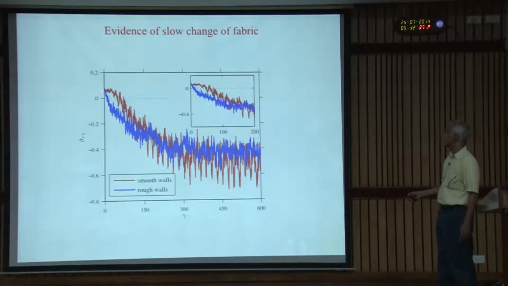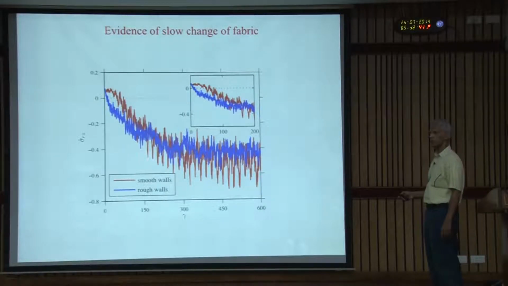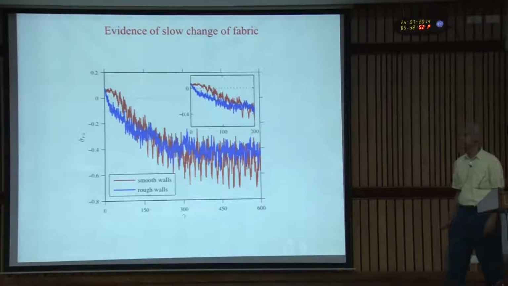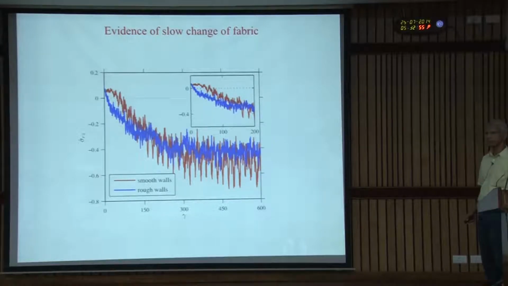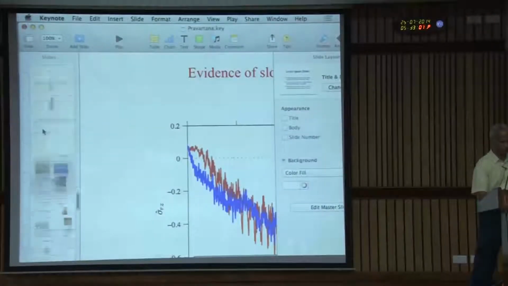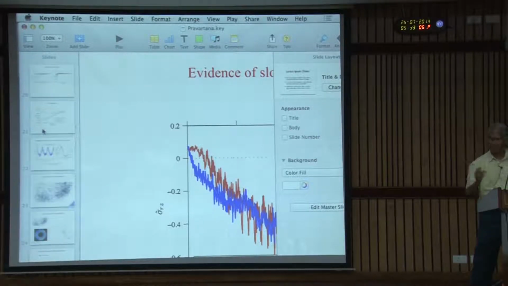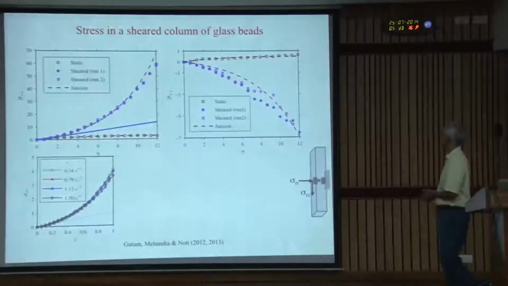So, initially it's positive, indicating that the walls are holding up the column, and after a strain of between 20 and 50, these two are for two different kinds of walls, they switch. And it does not depend on the depth.